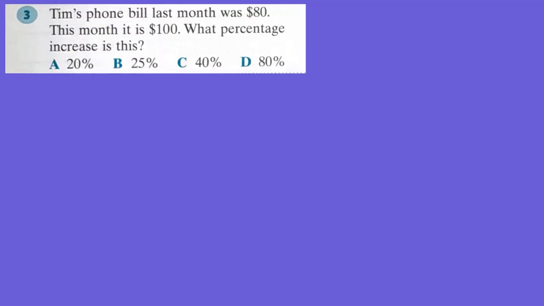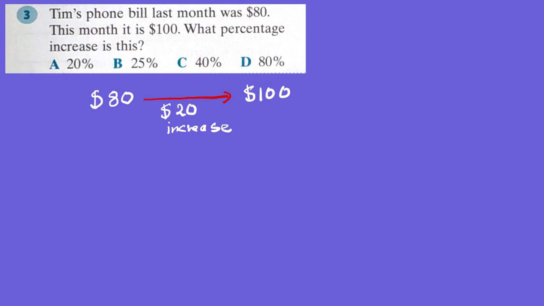So Tim's phone bill last month was $80, and now it's $100 this month. There's an increase in here, if you notice. How much is that increase? That increase was $20, wasn't it? So we want to know what percentage increase this is.